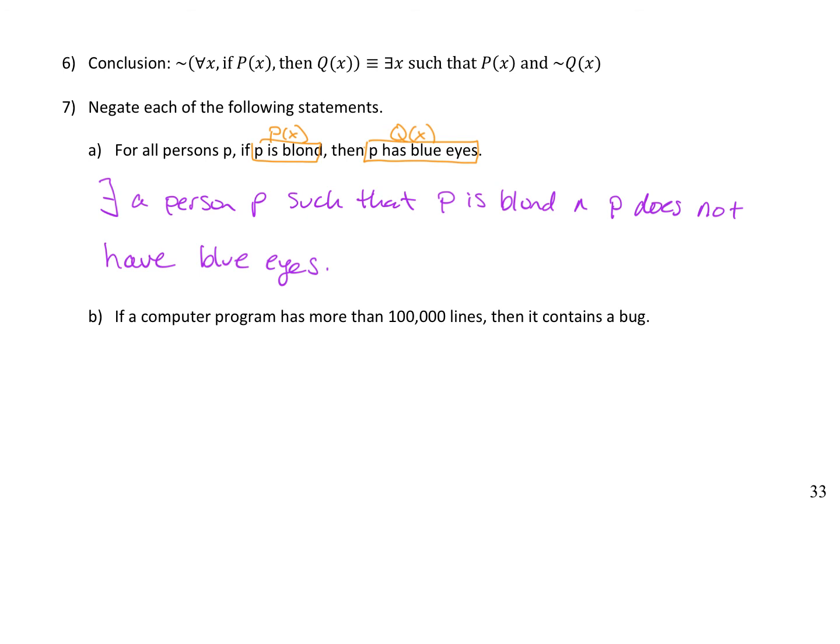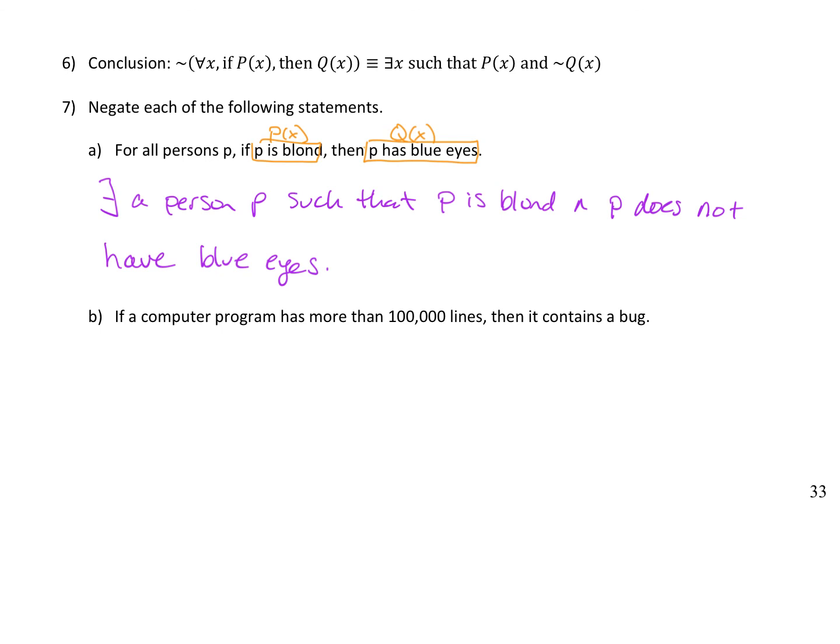Okay, if a computer program has more than 100,000 lines, then it contains a bug. So this one has an implicit quantifier. So I'm going to rewrite it.